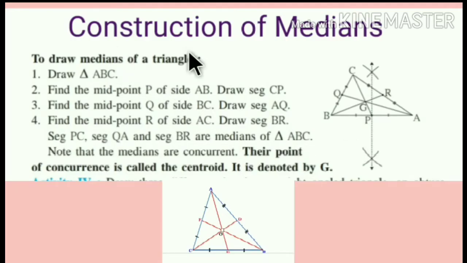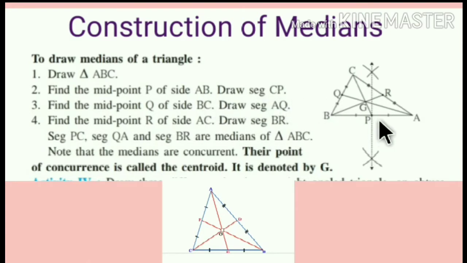Let's see the construction of medians. This is an acute angle triangle, triangle ABC. Draw triangle ABC, find the midpoint P of the side AB and draw CP.